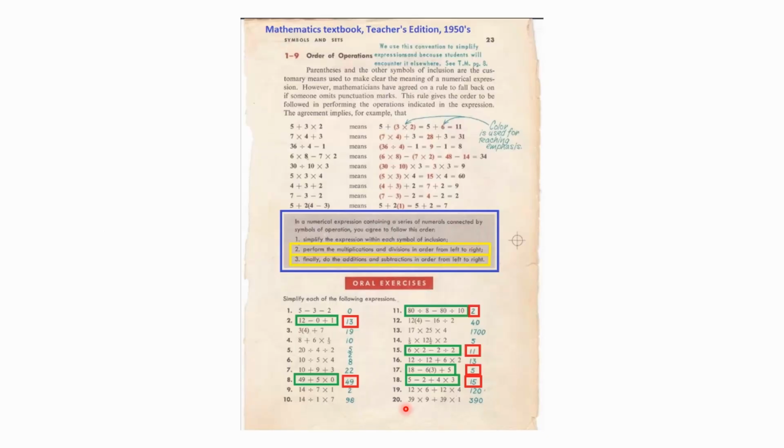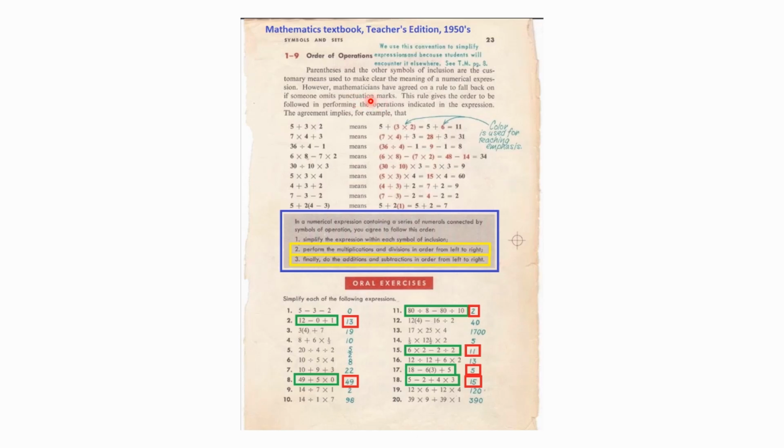Here's a mathematics textbook. I see this one shown a lot as an example. It's a teacher's edition from the 1950s, on order of operations. It says that parentheses and other symbols of inclusion are the customary means used to make clear the meaning of a numerical expression. However, mathematicians have agreed on a rule to fall back on if someone omits, and that's the key word, omits punctuation marks.